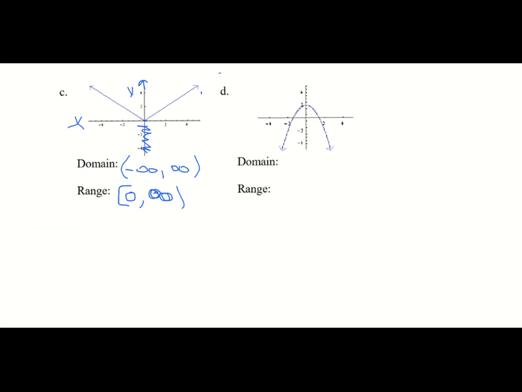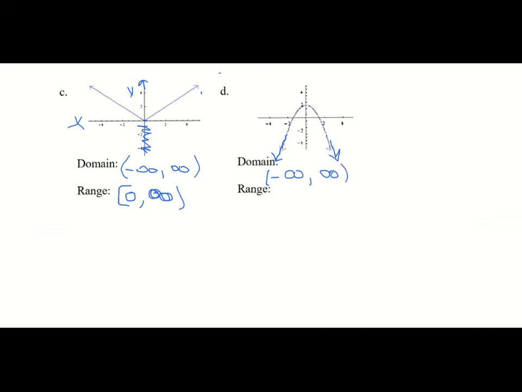All right, now D is another one where we have those arrows and they go out forever. This is where it's kind of hard to visualize. The more you practice, the better you'll get. But for this one, again, the domain is going to be negative infinity to positive infinity.